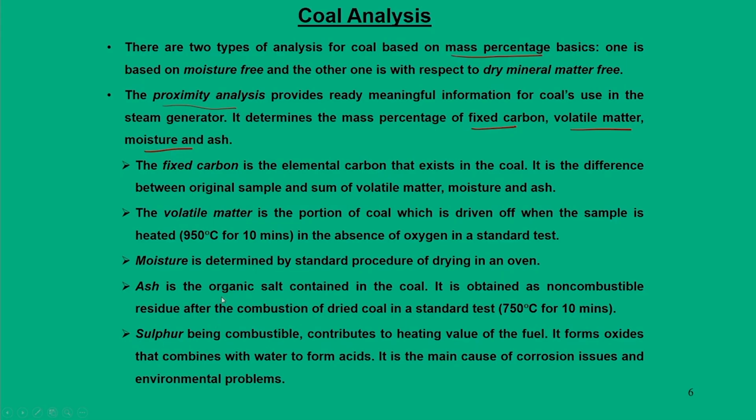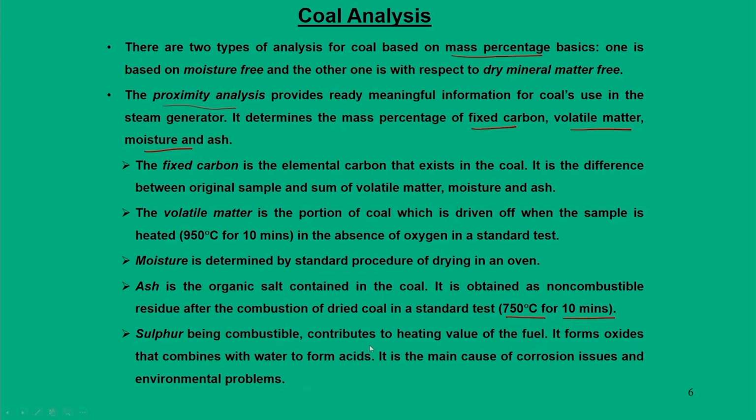Ash is another kind of inorganic salt that is also present in the coal, and it is considered a non-combustible residue. To determine it, the test must be done at 750 degrees centigrade in the presence of oxygen for 10 minutes. Sulfur is another culprit because it produces sulfur dioxide after combustion.